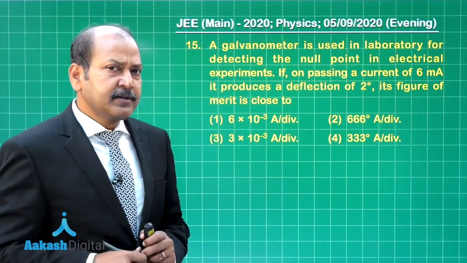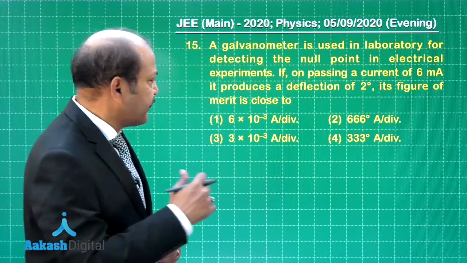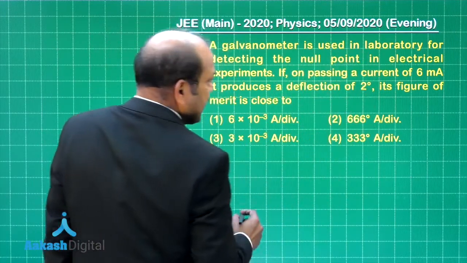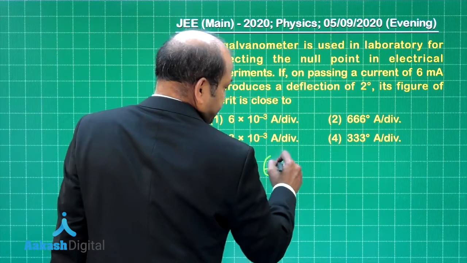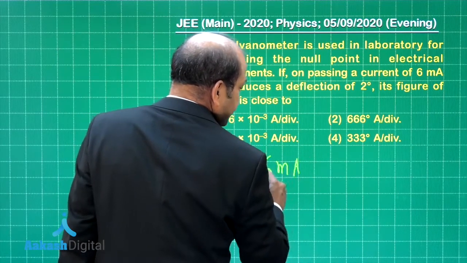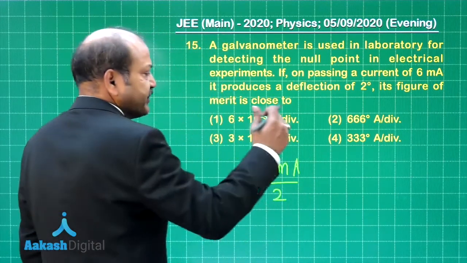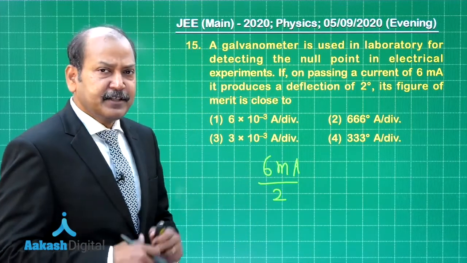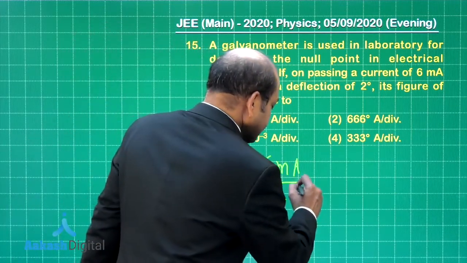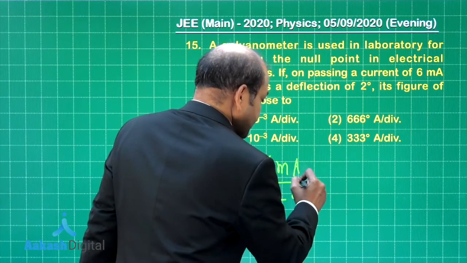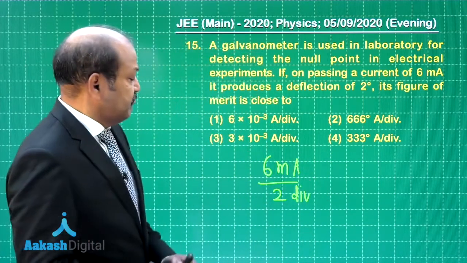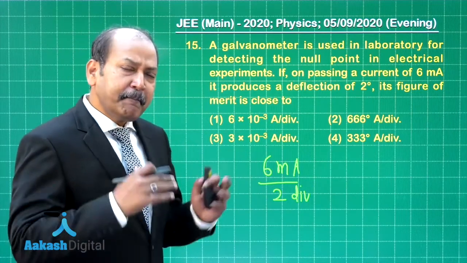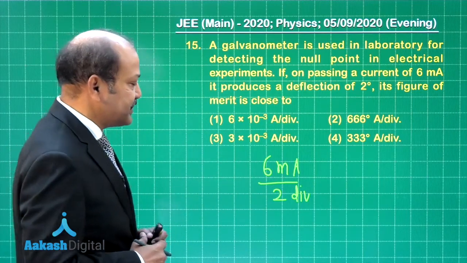If we ignore this, the figure of merit comes out as 6 milliampere divided by 2. Let us assume that it is 2 divisions because in all the options it is given as division. So we have 6 milliampere by 2 divisions, that means 3 into 10 to the power minus 3 ampere per division.